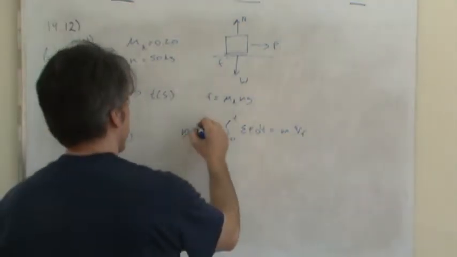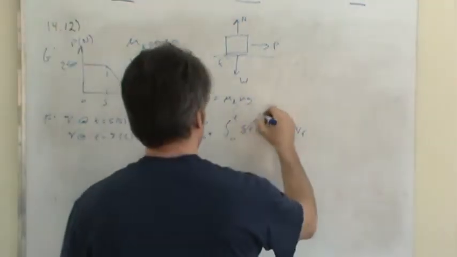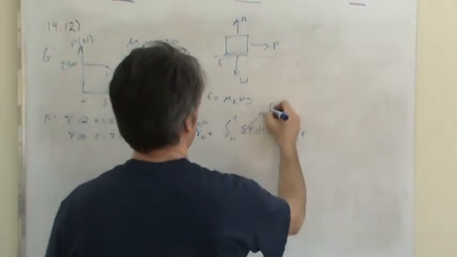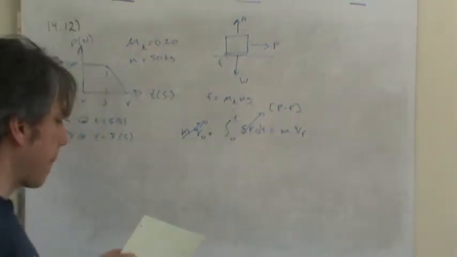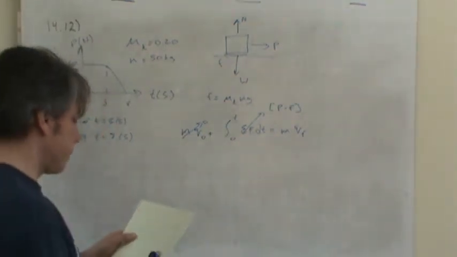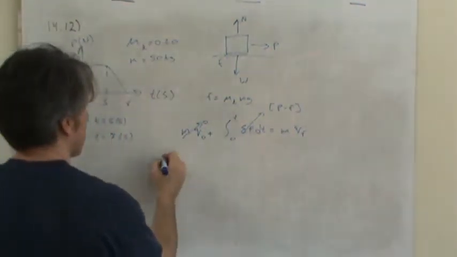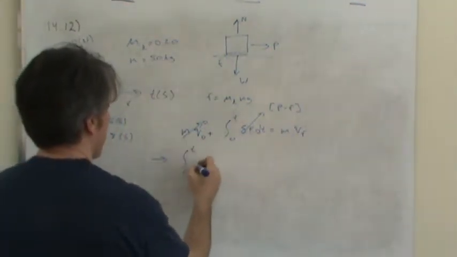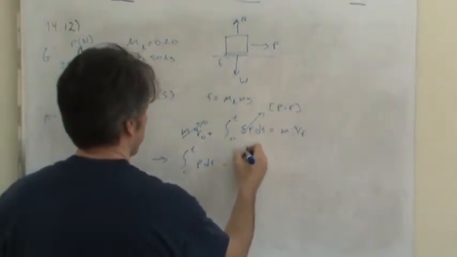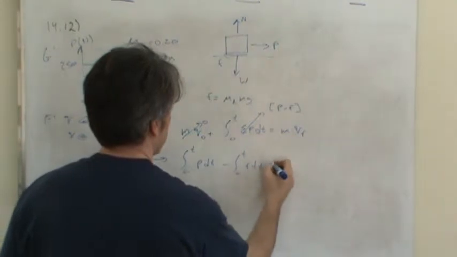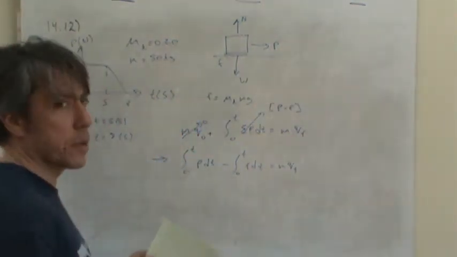Now, since the package begins at rest, we know the initial momentum is 0, but this sum of forces must be the force P less the friction force F. Okay, so let's break this up into two components and say that the integral from 0 to t of force P dt less the integral from 0 to t of the frictional force dt is equal to the mass times the final velocity, or in other words, the final momentum.